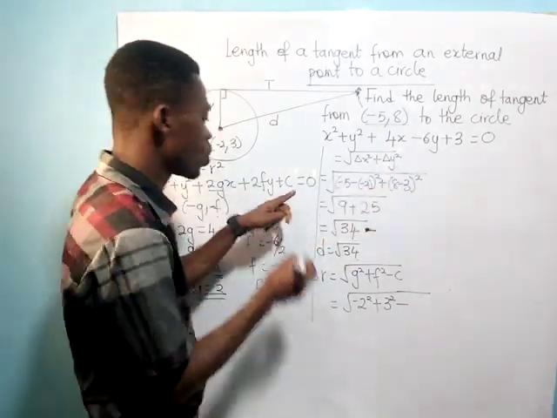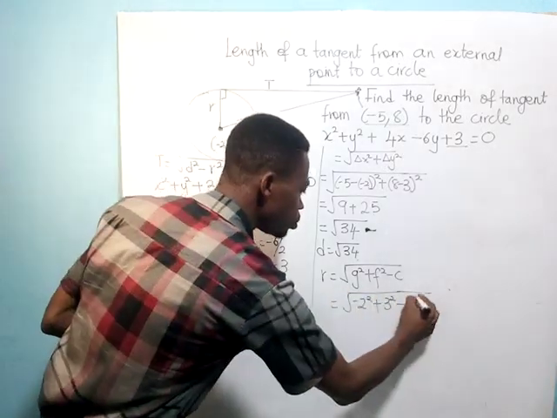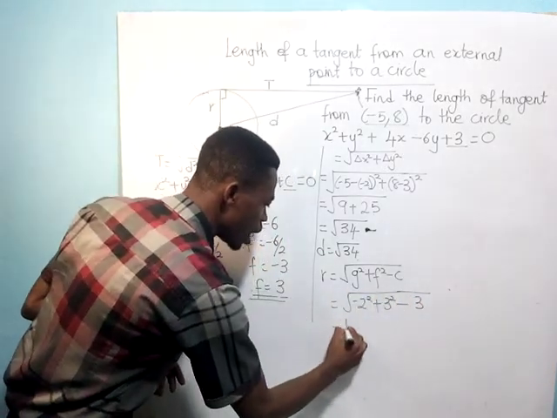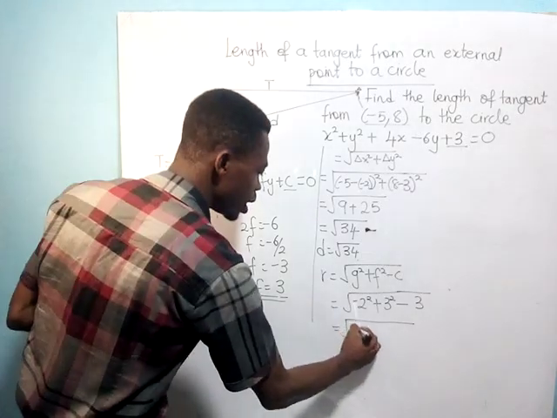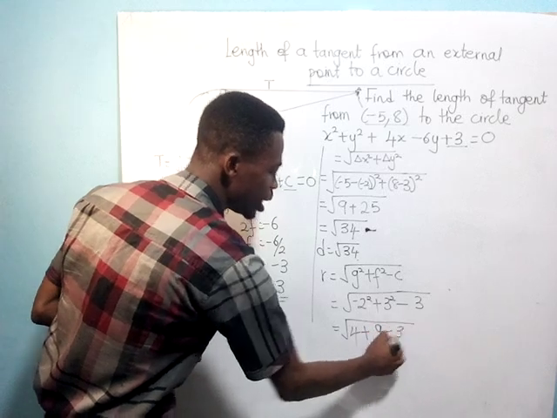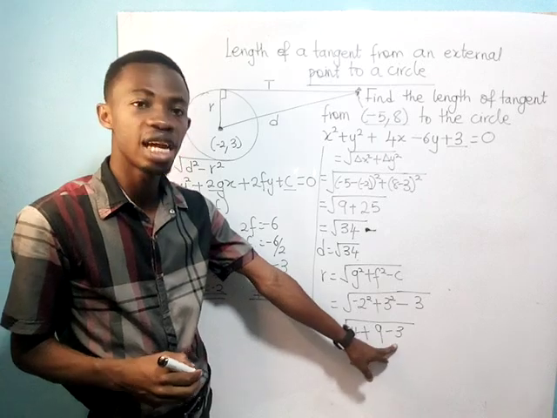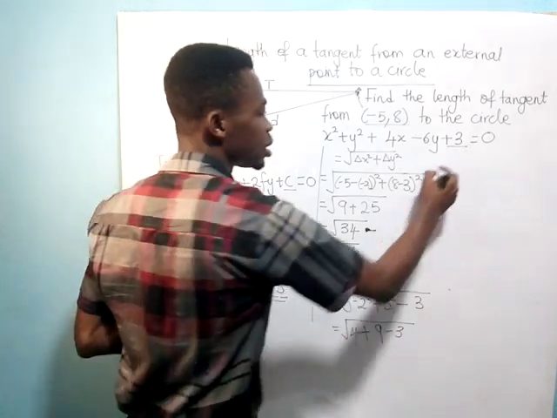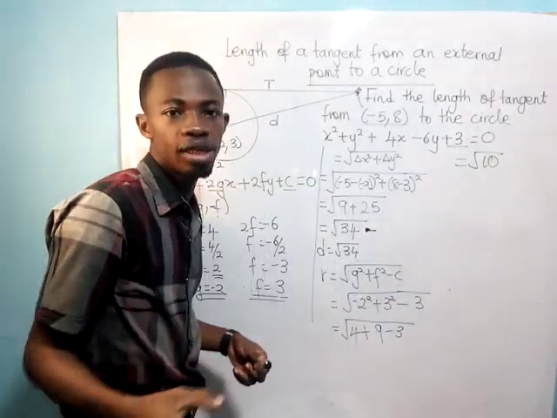Remember, our c is the constant, which is the given constant here, 3. As we continue, negative 2 to the power 2 is 4. This will give us 9 minus 3. So we have 4 plus 9, which is 13, minus 3, giving us the square root of 10.